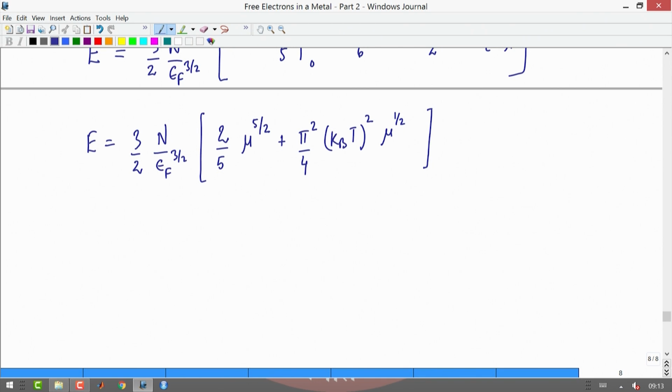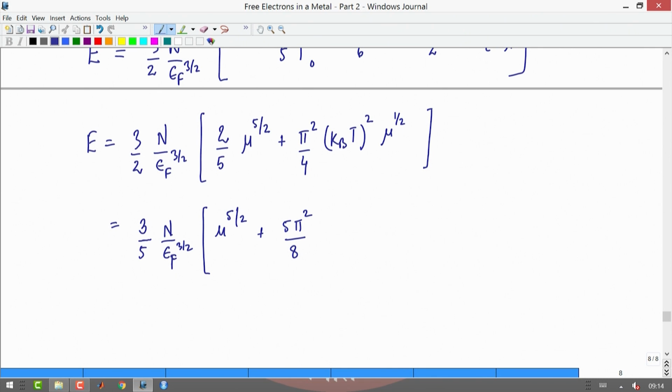Right. So, what we can do here with this expression is to rearrange the terms a little bit, and I can pull out a factor of 2 by 5, that will make it 3 by 5 outside, and this will be E in the denominator, Fermi energy to the power 3 by 2, and what I will have inside is mu to the power 5 by 2 plus 5 pi square by 8.